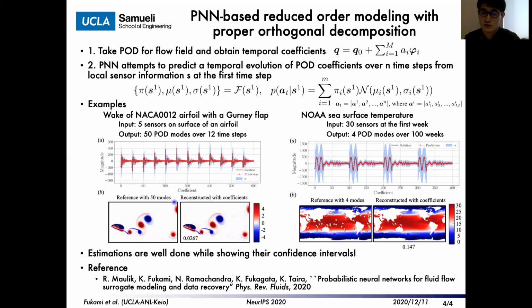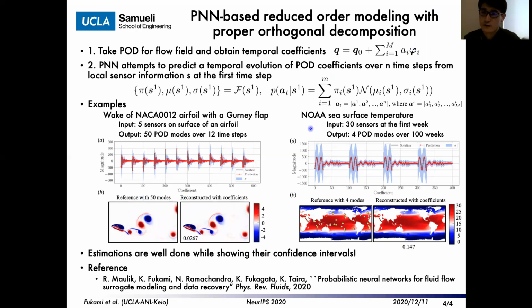So we can also visualize the high-dimensional estimated flow field like this. This is a reference with the 50 POD modes, and this is reconstructed with the estimated coefficient and the predetermined POD eigenvectors. As shown here, the flow field shows reasonable agreement with the difference field, and the reconstruction reports approximately 2% error.